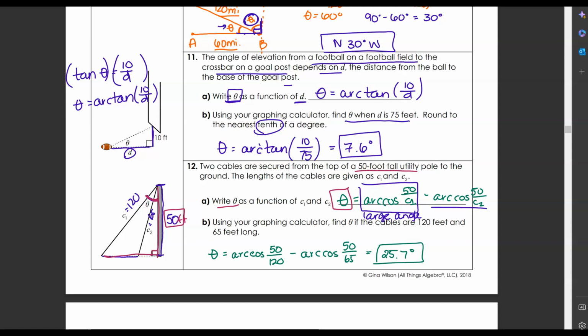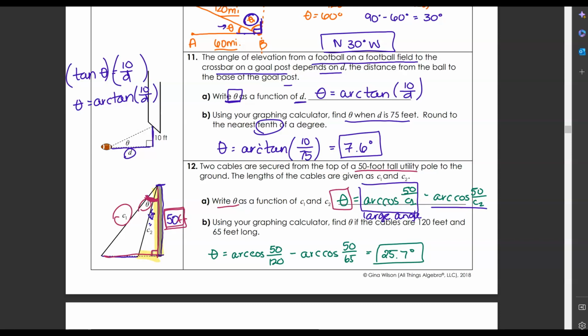Cosine of this entire angle is going to be our adjacent over our hypotenuse, which is going to be that 50 over, and the 120 comes in part 2, but over that c1. But that's going to give us this entire angle here. That's not exactly what we want. We want just theta. So we need to look at this smaller triangle here. Let's see if I can highlight this. There it goes.